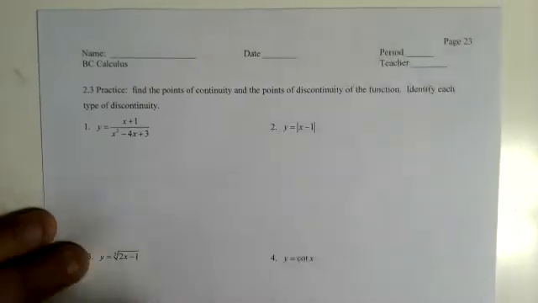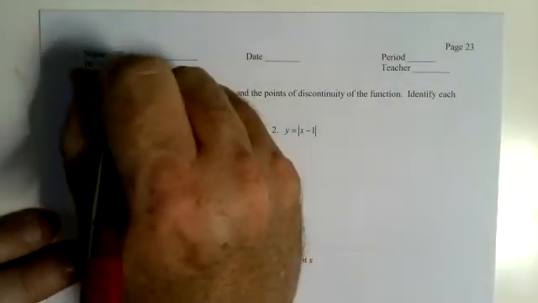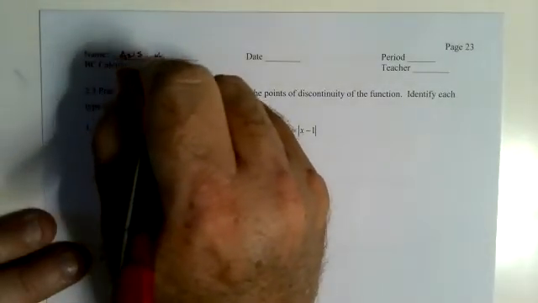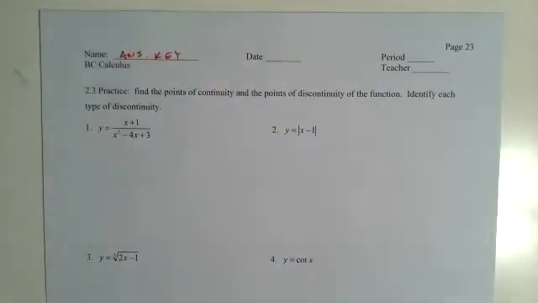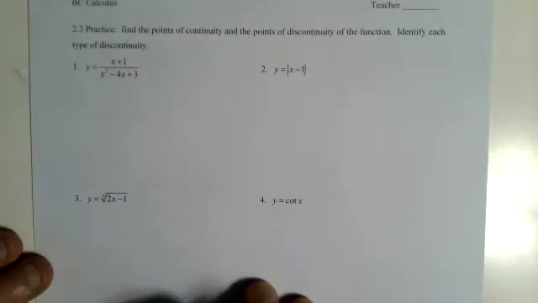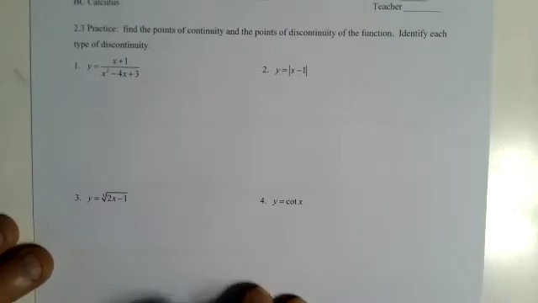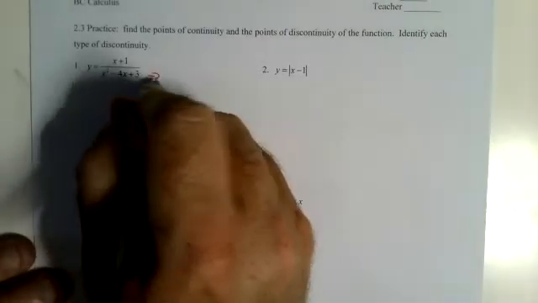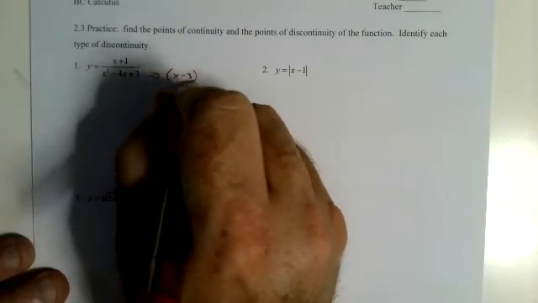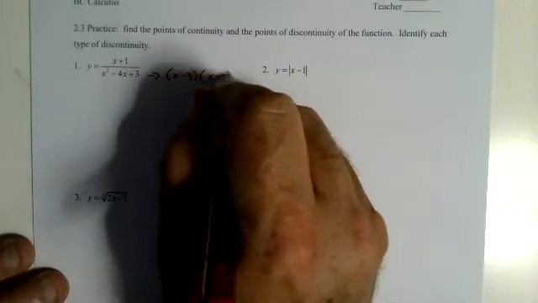2.3 continuity, worked out problems. So find the points of discontinuity. Doesn't really matter how you write it. Let's go to the bottom and set it equal to 0: x minus 3, x minus 1.